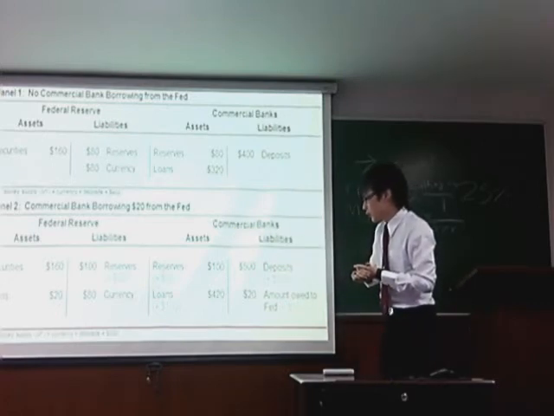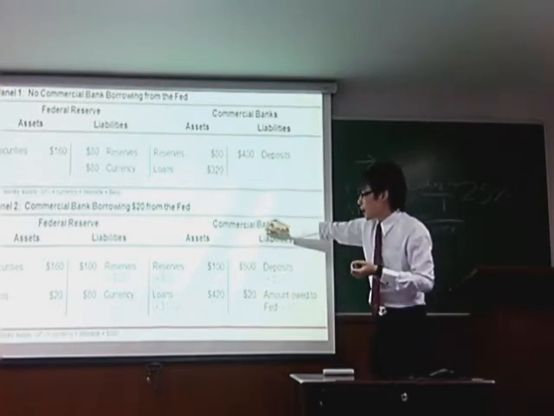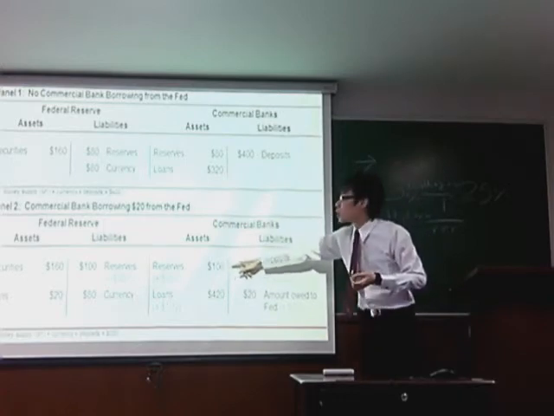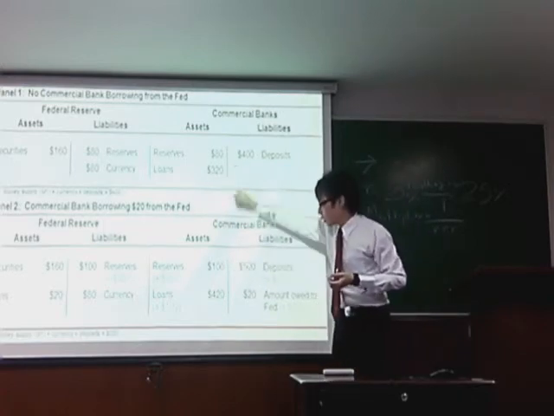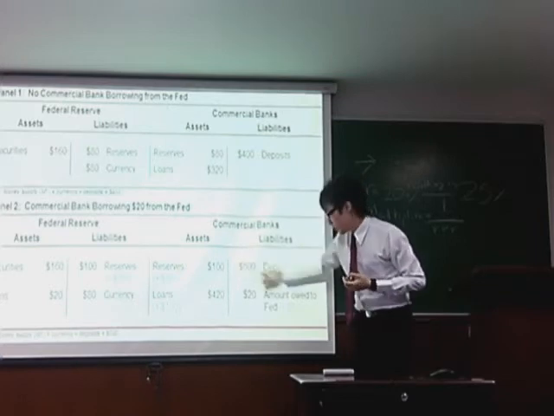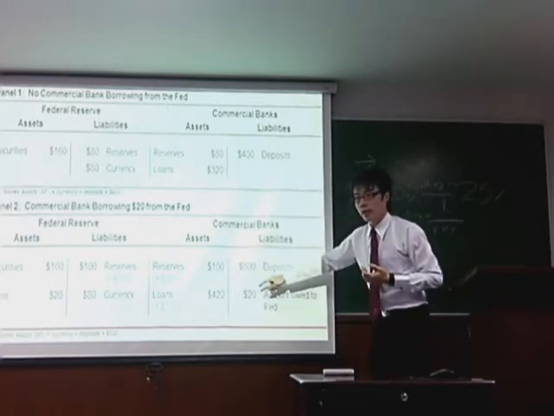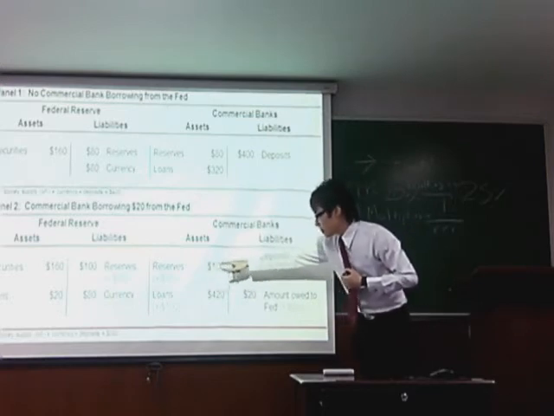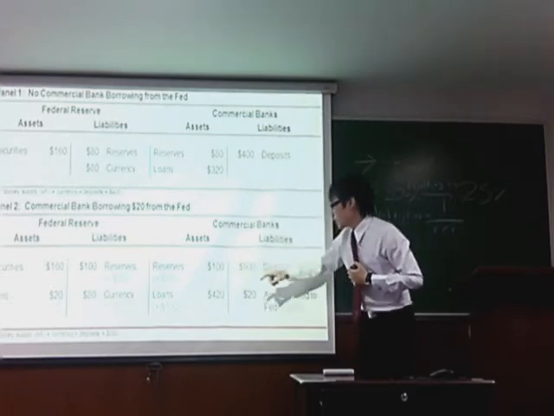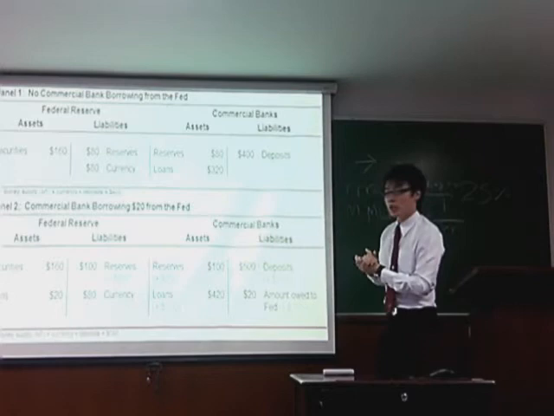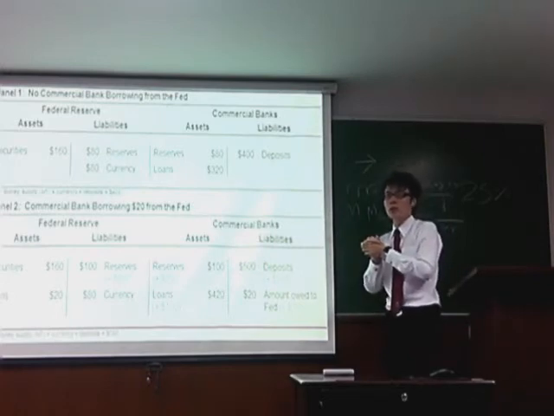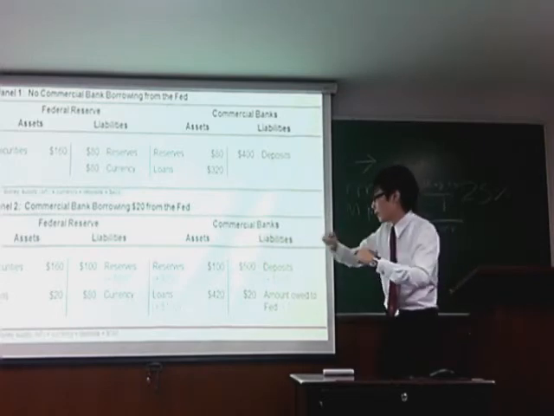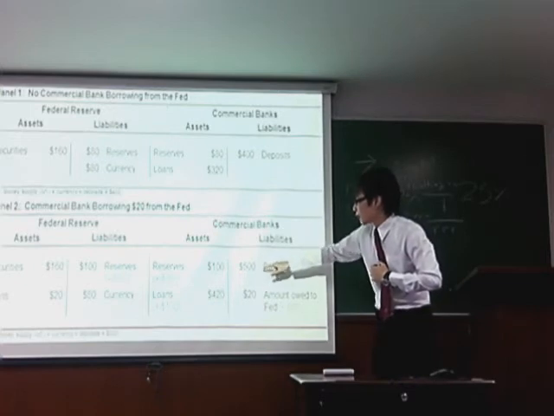So by doing so, commercial banks have actually increased their reserves from 80 billion to 100 billion from this 20 that they borrowed. Okay? And once again, let's look at this easily, because from 80 to 100, you times that by your multiplier, which was 5, right? Your deposits is $500 billion.